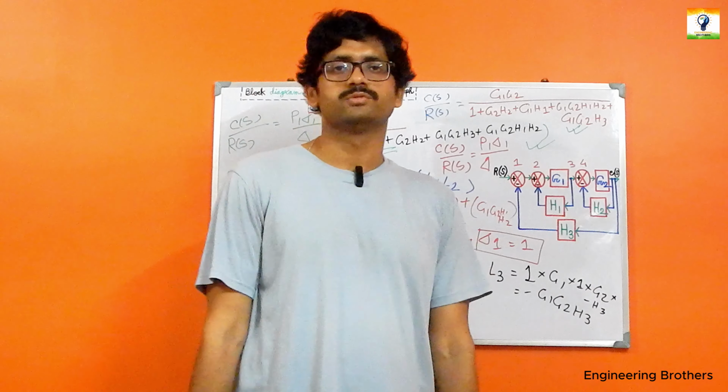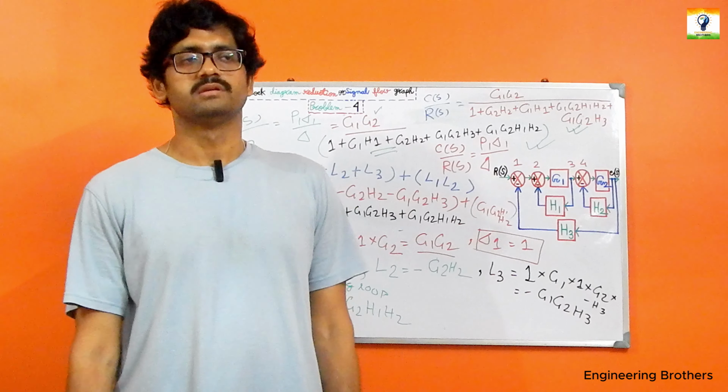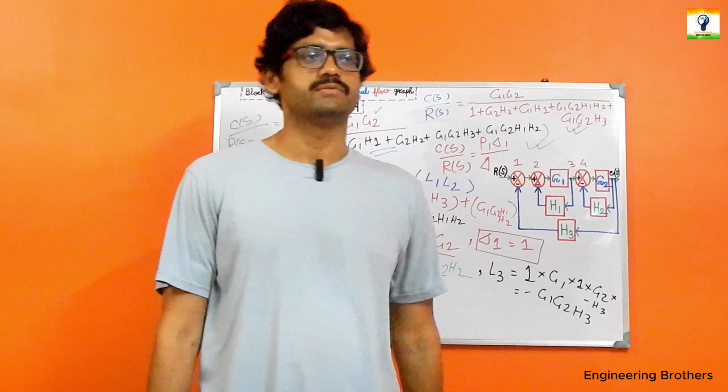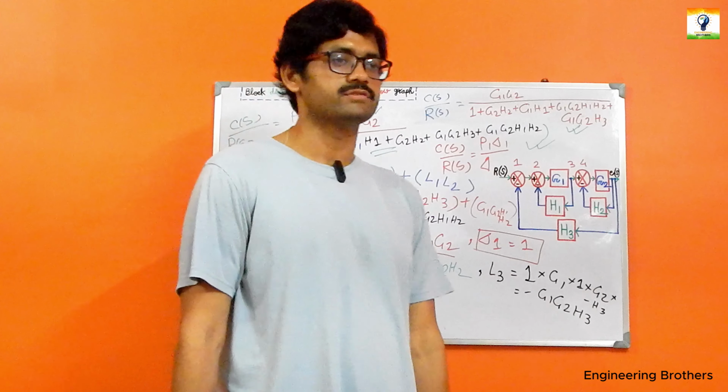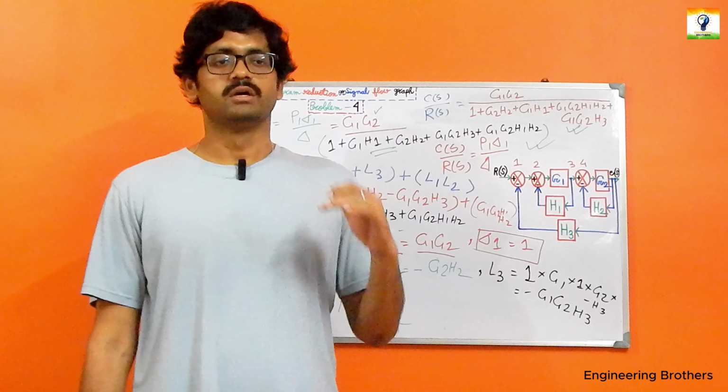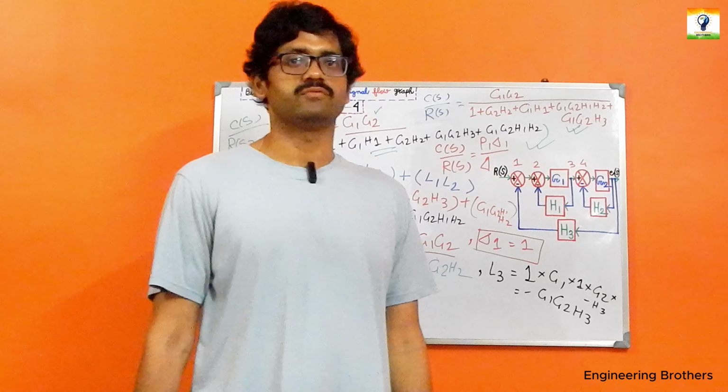And which method is suitable or better for you, you should decide, because ultimately you can clearly see that all these parts are absolutely essential to get the final transfer function.